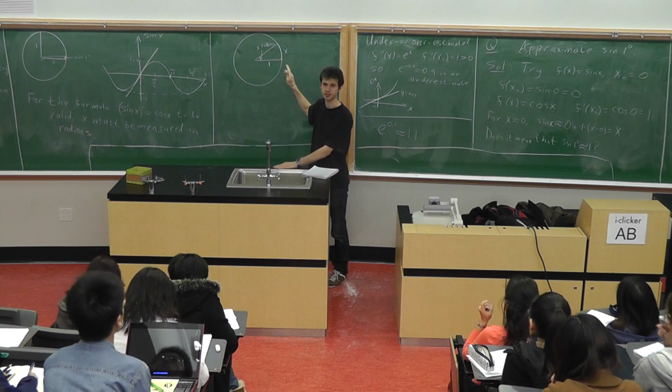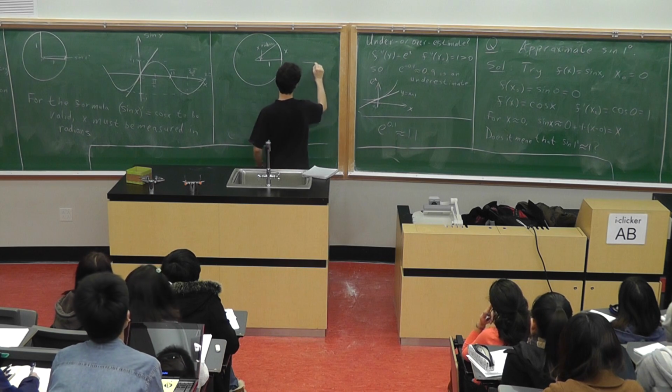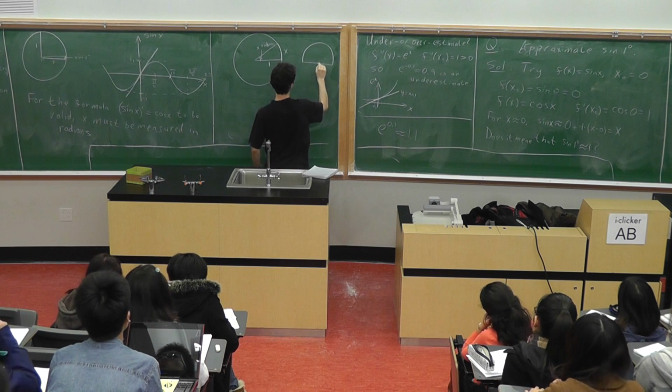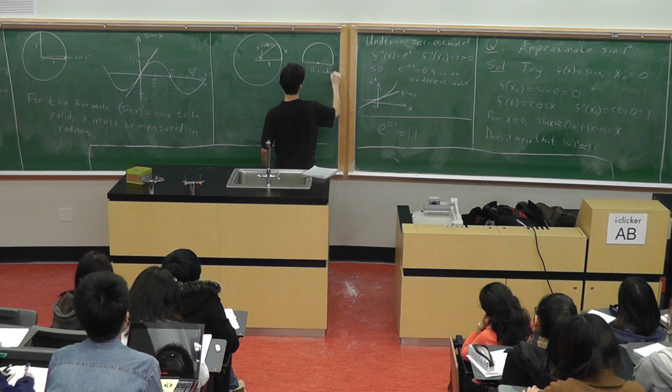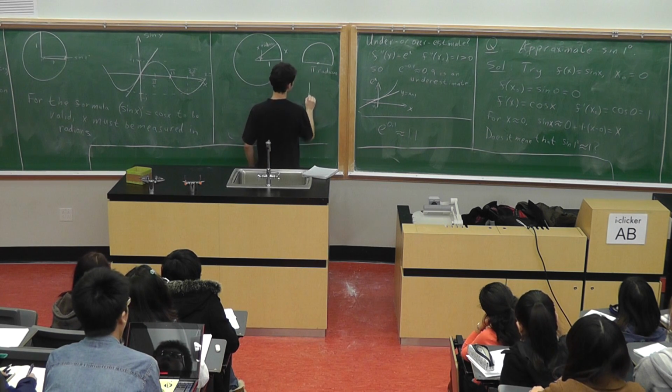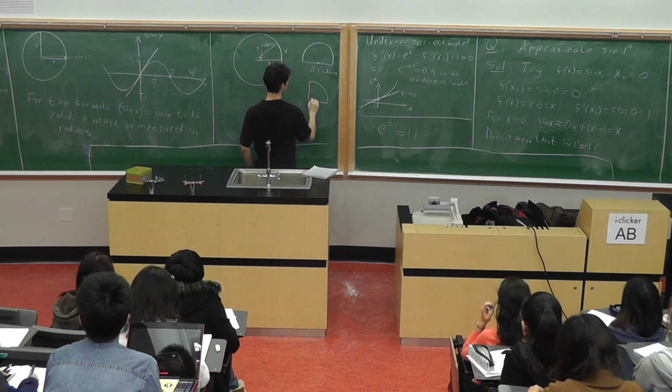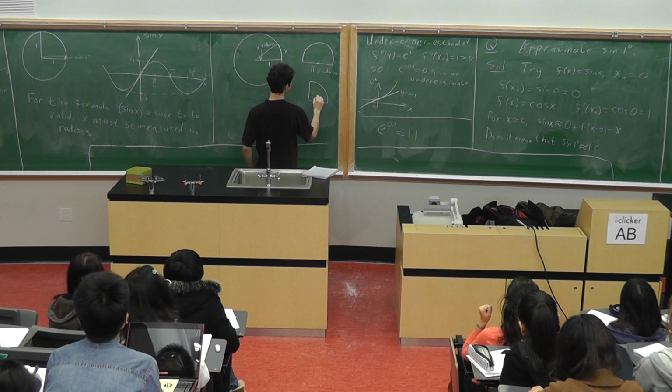That's what radians are. For instance, such an angle is pi radians, and such an angle is pi by 2 radians.